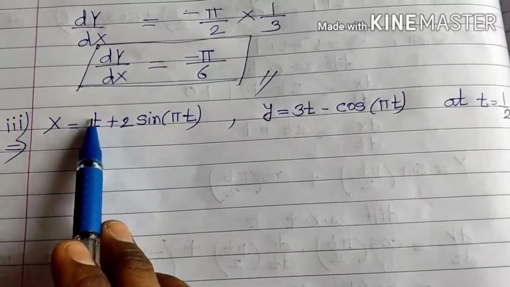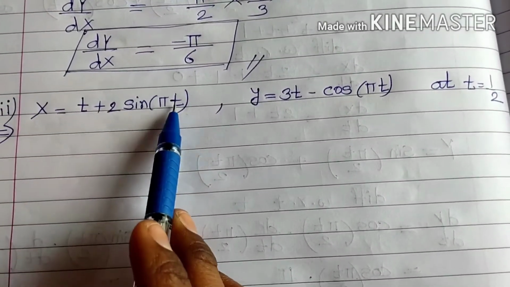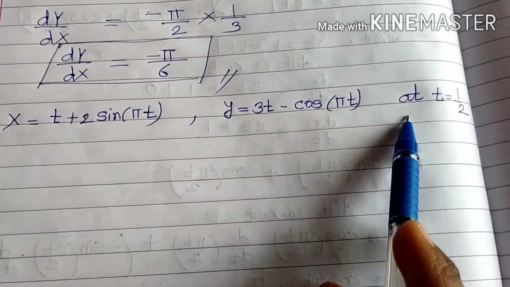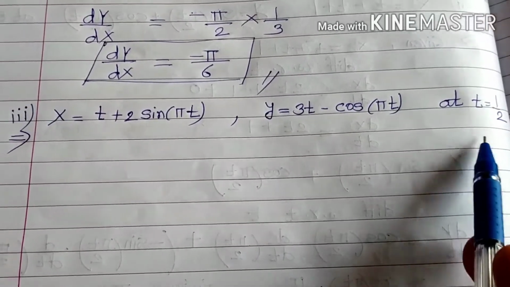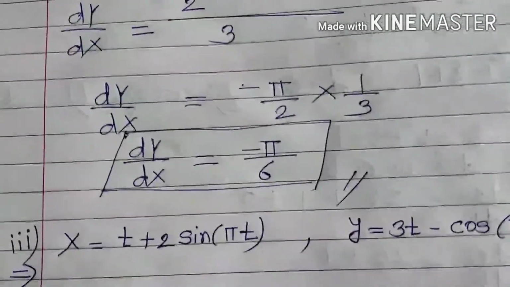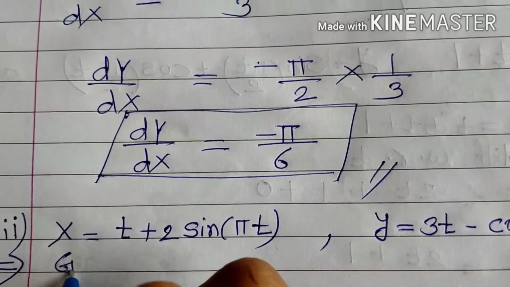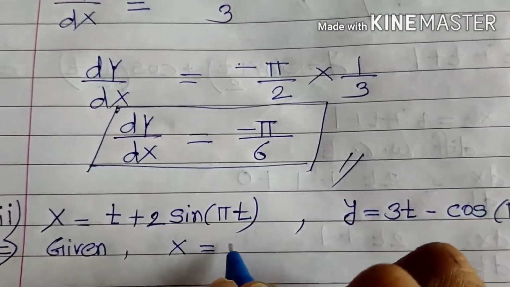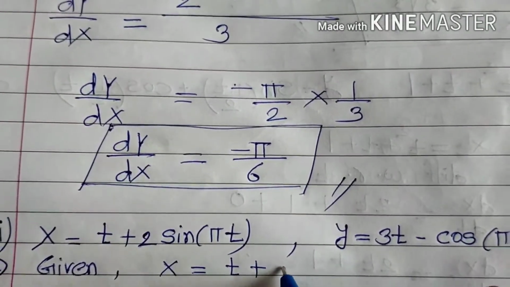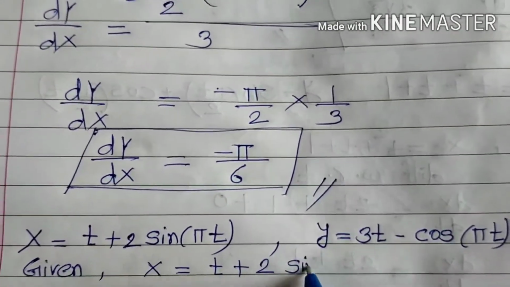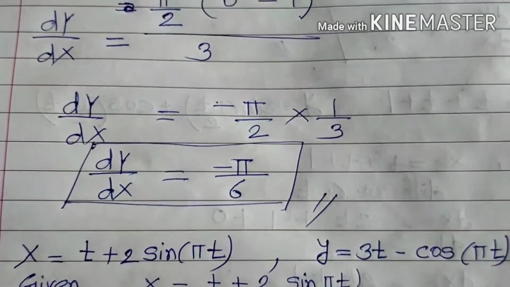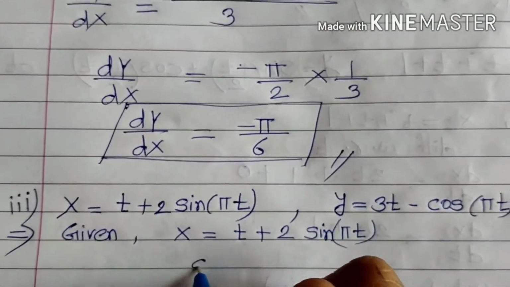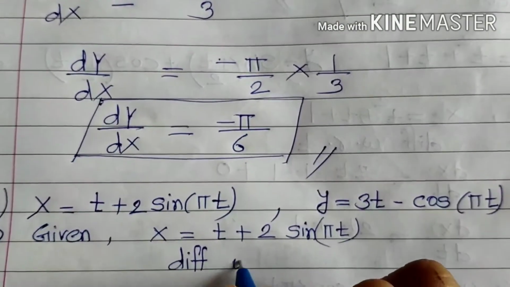Now the next example is x is equal to t plus 2 sin pi t, y is equal to 3t minus cos pi t at t is equal to 1 by 2. Here t is the parameter, so differentiate with respect to t.